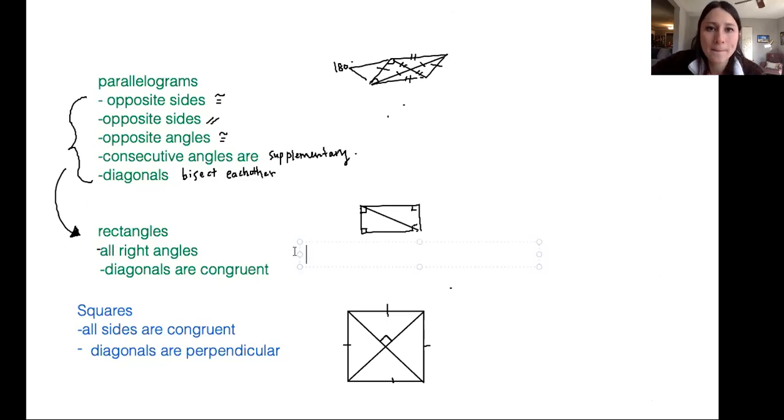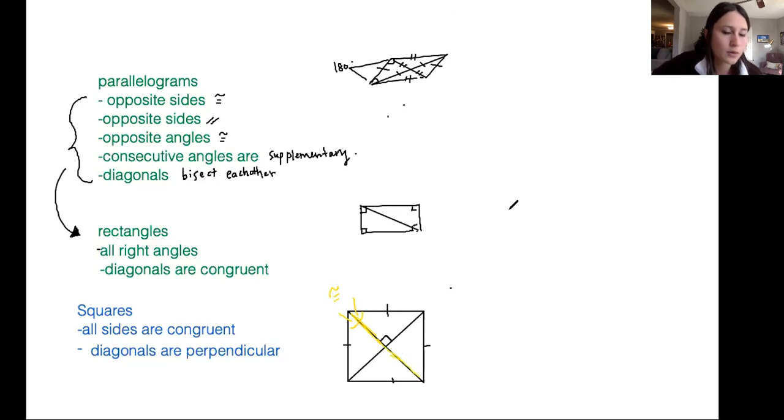The diagonals bisect the angles, the opposite angles. So like if I had an angle here, this was 90 degrees, these are split into two congruent parts. And so this diagonal bisects the opposite angle.